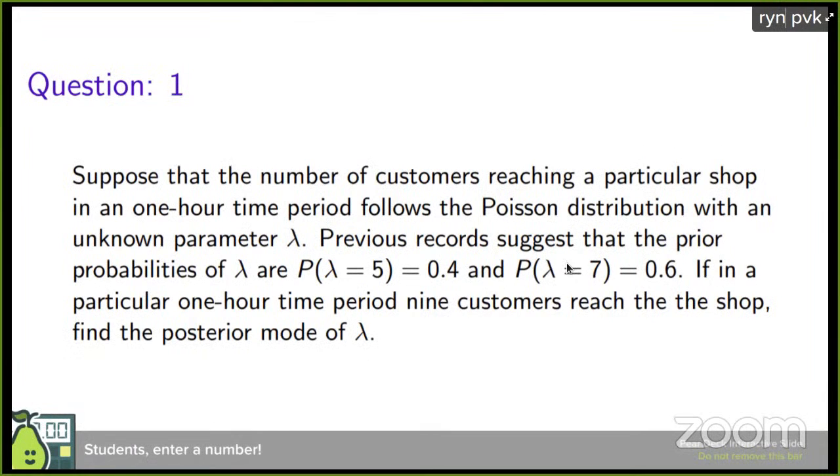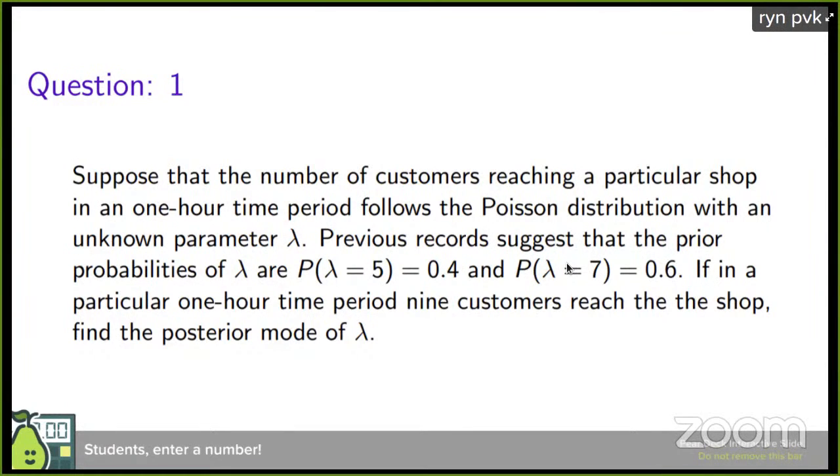Suppose that the number of customers reaching a particular shop in a 1 hour time period follows the Poisson distribution with an unknown parameter lambda. Previous records suggest that the prior probabilities of lambda are: probability that lambda equal to 5 is 0.4 and probability that lambda equal to 7 is 0.6.